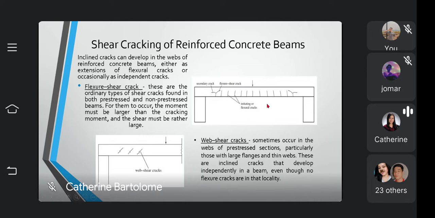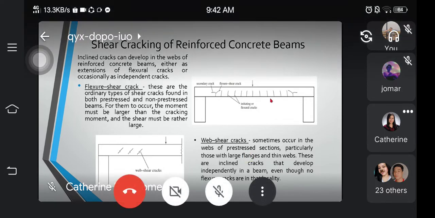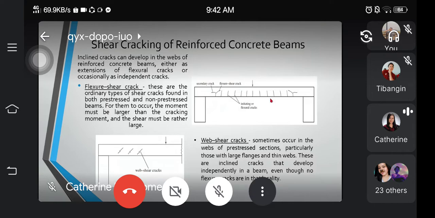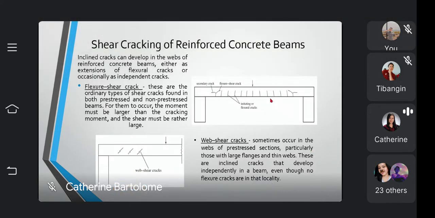So what can you see in a flexure shear crack? In what side of the beam? In the middle, at the tension side. Yes, correct. That is in the tension side.